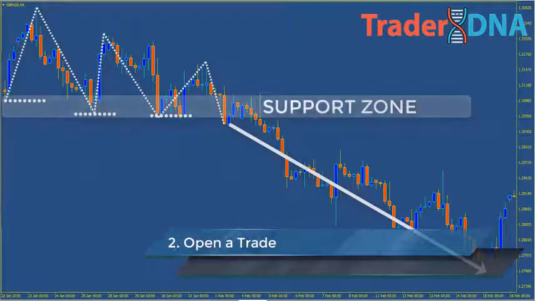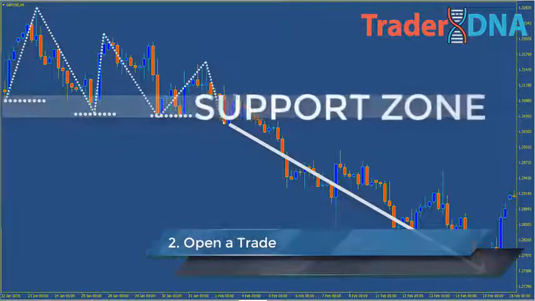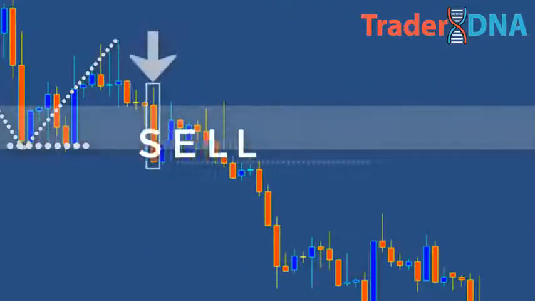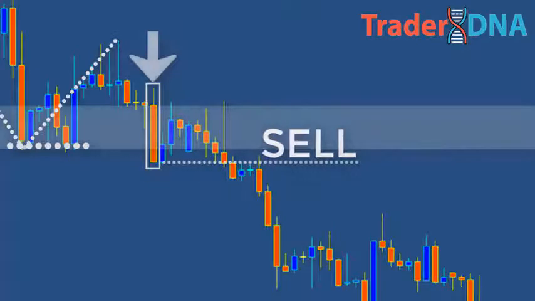Step 2. As soon as the price makes a real break through the target level, we open a trade. In case of a resistance breakout, we buy an asset. In case of a support breakout, we sell it. Let's take a look at the examples where this strategy can be applied.